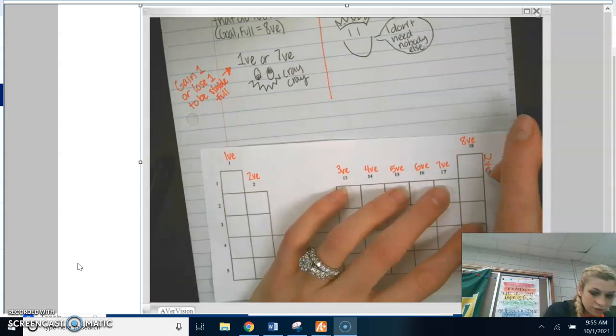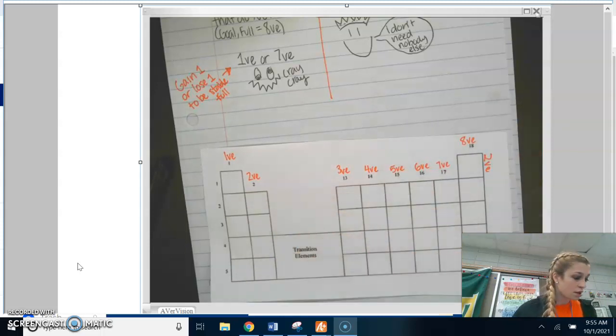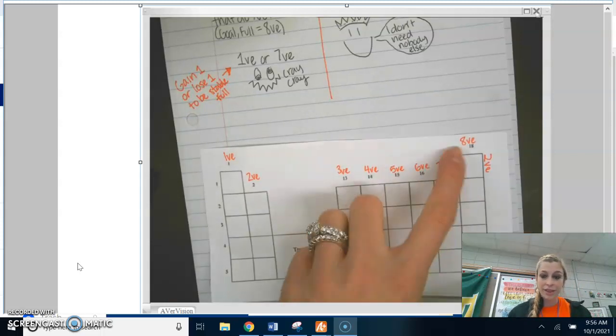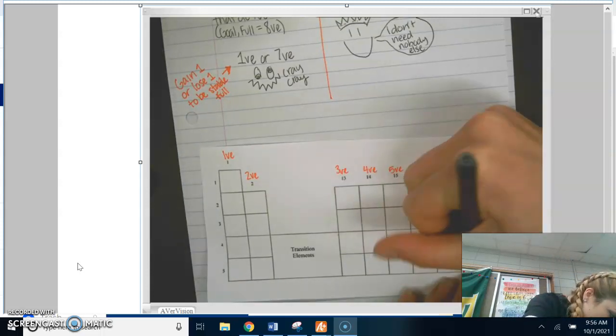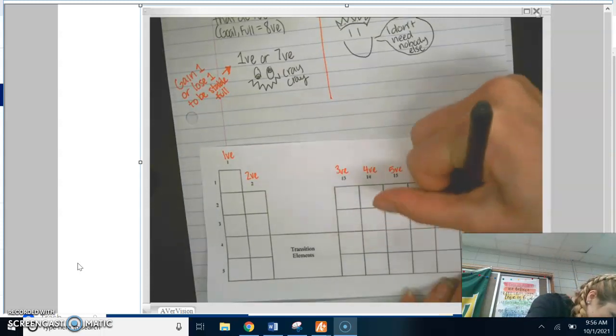It only has 2 VE. So you should be able to see which group is stable now. You can identify it. It's the one with 8 valence electrons. So group 18, or 8A, is stable.